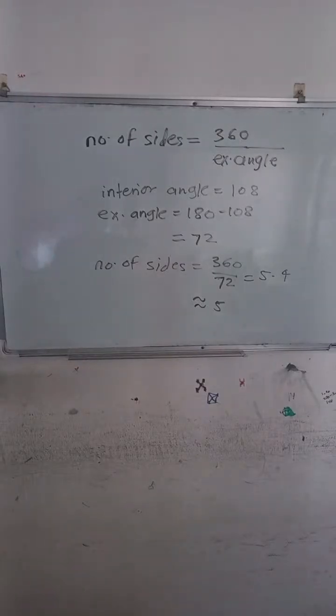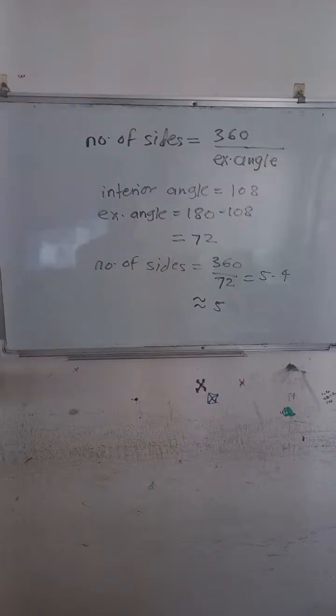Write the name of the polygon. I'll repeat this. Find the number of diagonals of the polygon with 9 sides and write the name of the polygon.